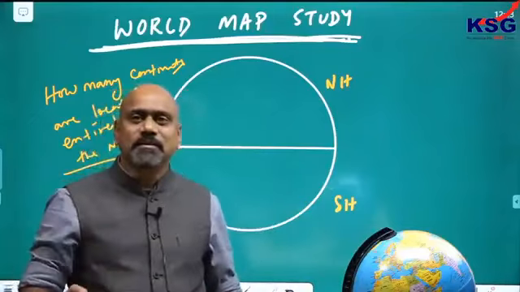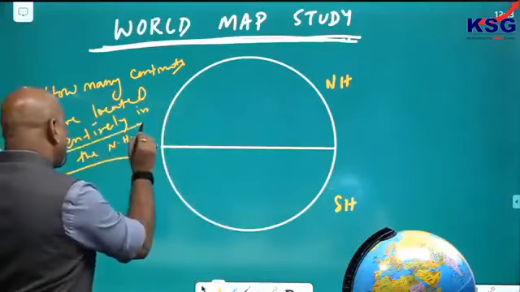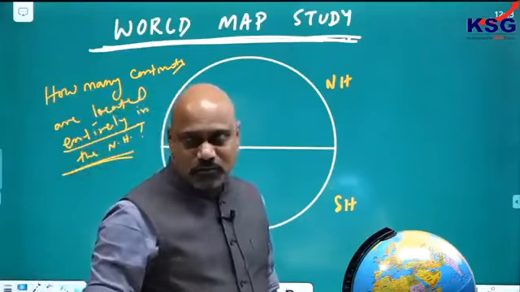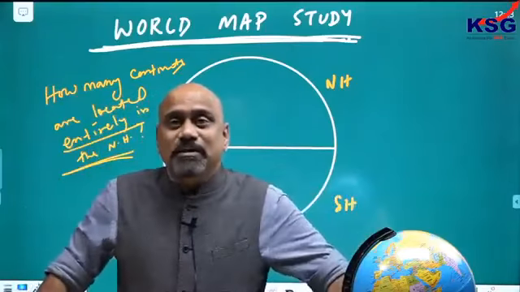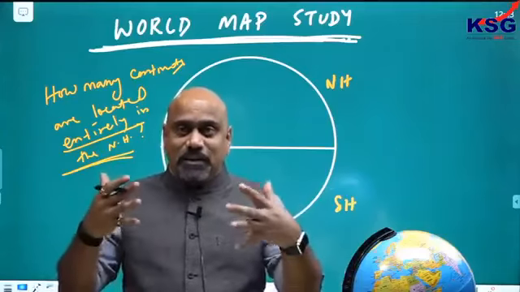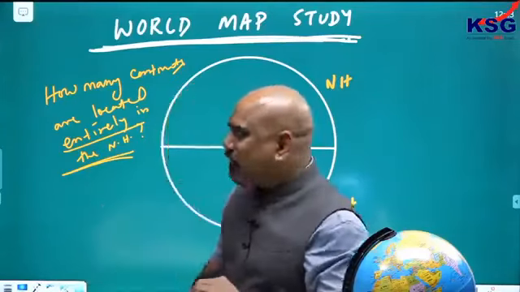Look at my question. How many continents are located entirely in the northern hemisphere? Look at the atlas and tell me. That's why I am saying, not reading, study is more important. Get the things properly. You have your atlas in front of you and you all are wrong.